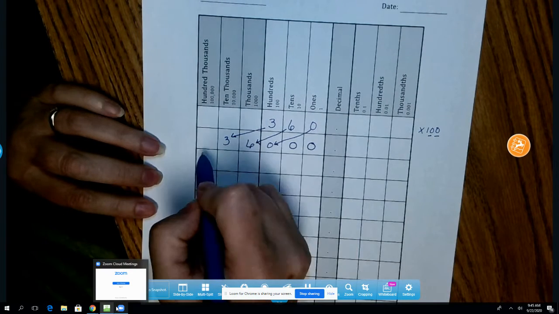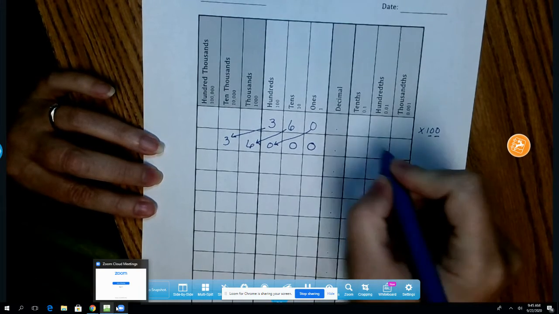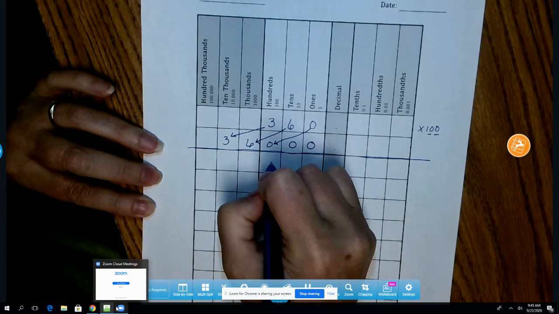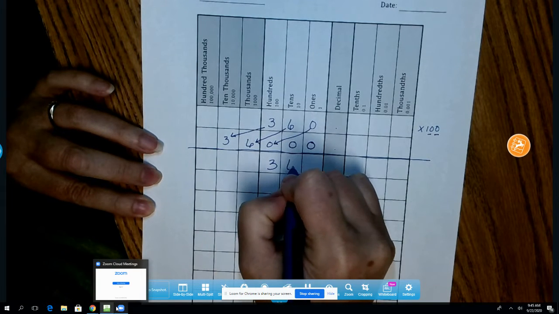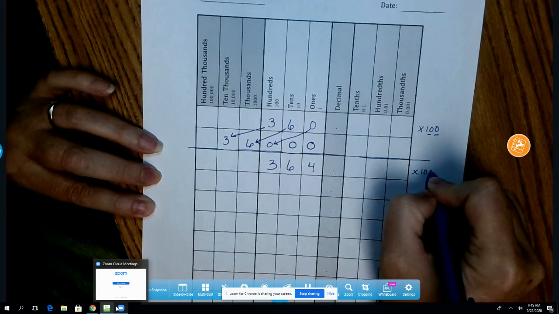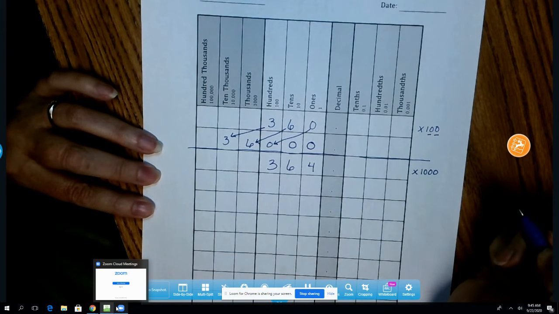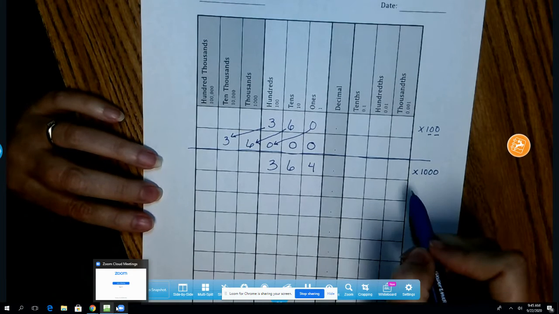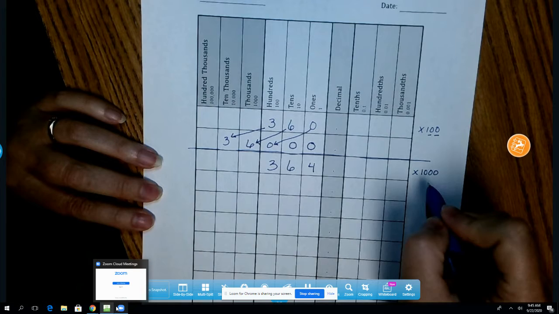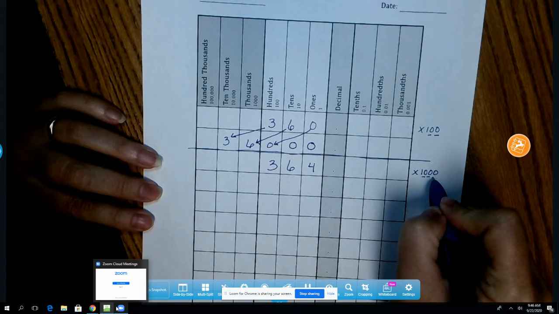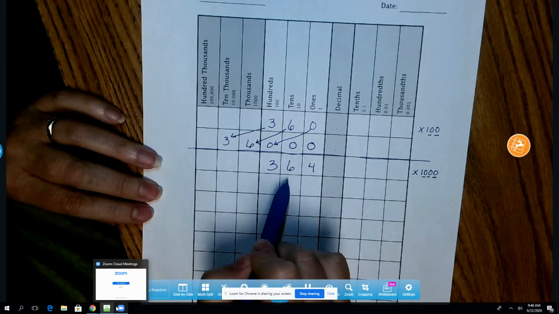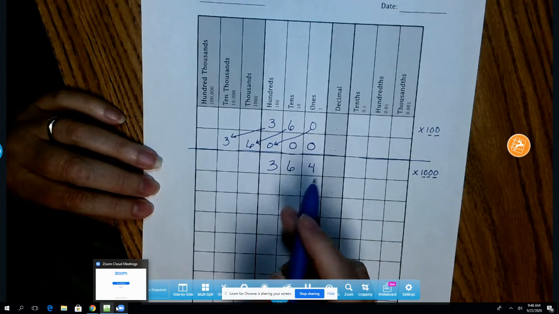So let's try another one. Let's try 364 times 1,000. Okay, well, this is 100 sets of 10. And if I count my zeros, 1, 2, 3, that tells me that these digits are going to move 3 place values.